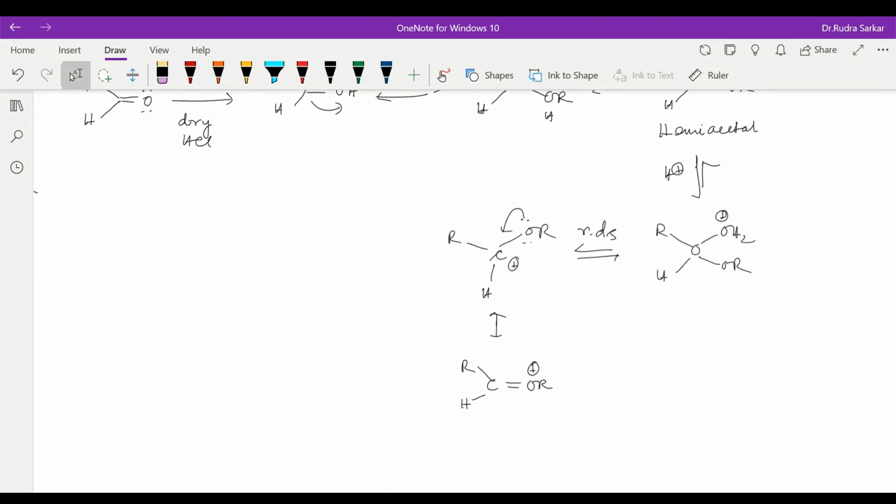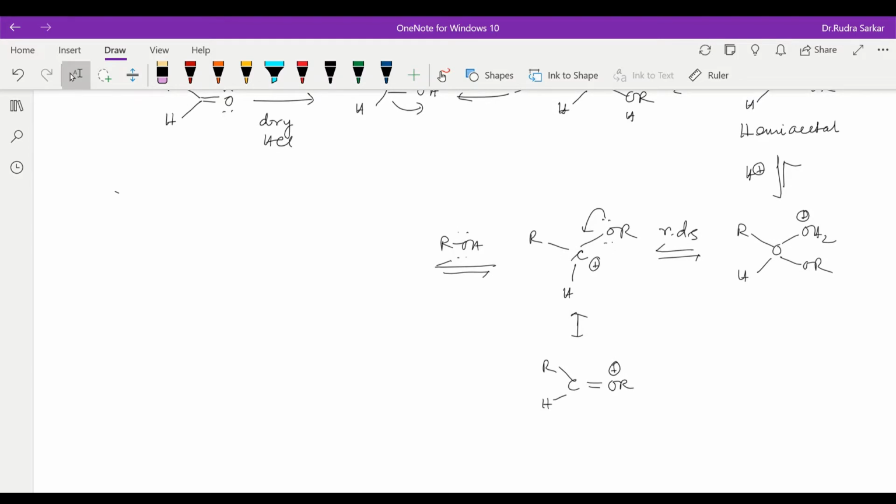Okay. Undergoing further nucleophilic attack from another molecule of alcohol, the molecule that will be formed is going to lose again a proton, and finally we will get the acetal.